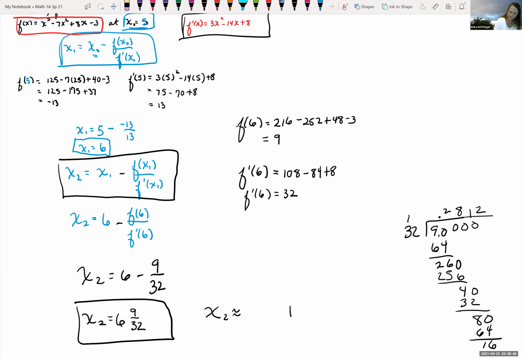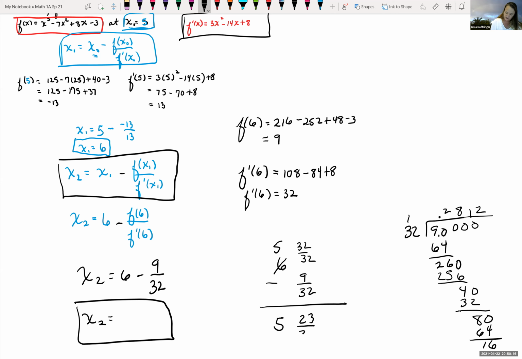So that's not a 6. Basically, I can think of it this way if I want. I can borrow 1 from here, make that a 5. So this would be 32 over 32. So this would be 5, 32 minus 9 gives us 23 over 32. Which is going to change our decimal.